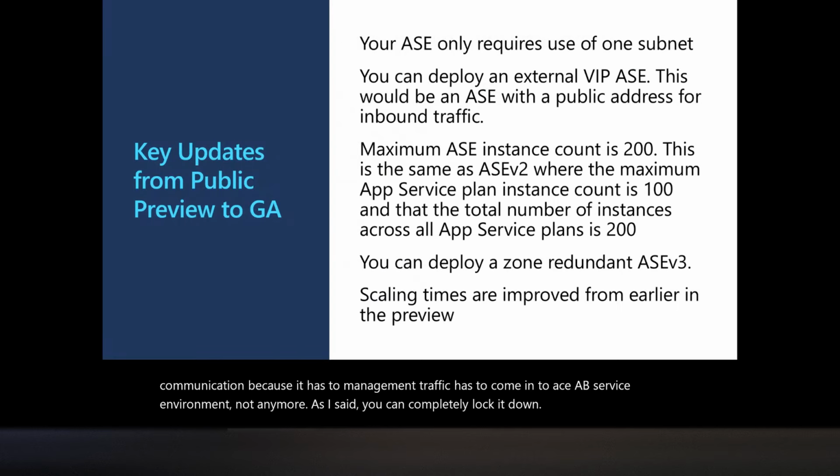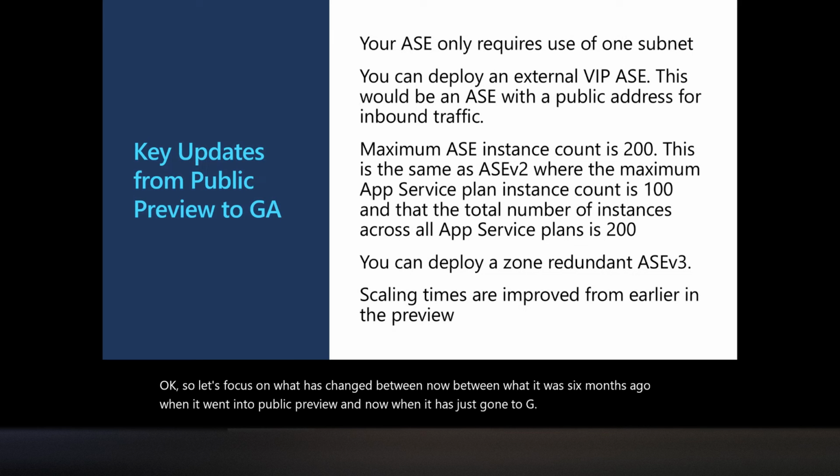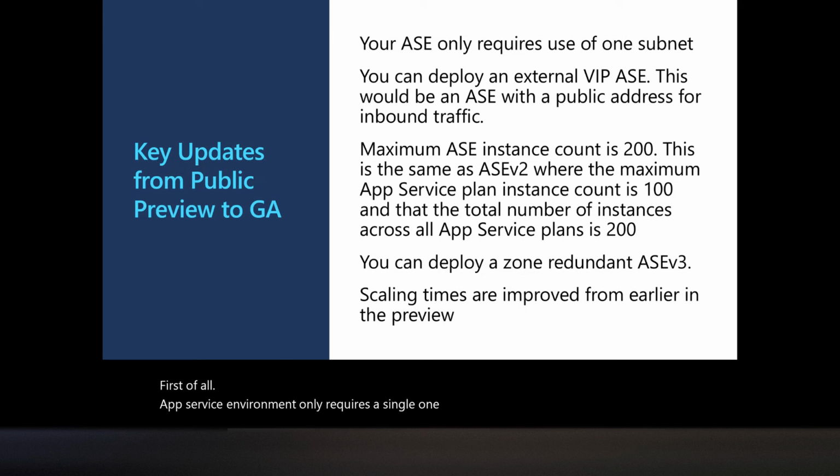So let's focus on what has changed between what it was 6 months ago when it went into public preview and now when it has just gone GA. First of all, App Service Environment only requires a single subnet.